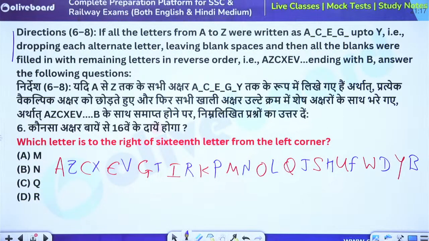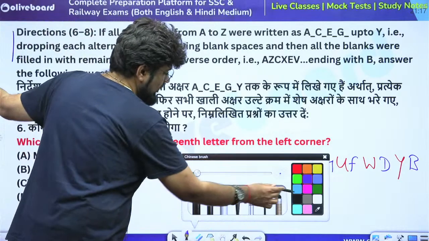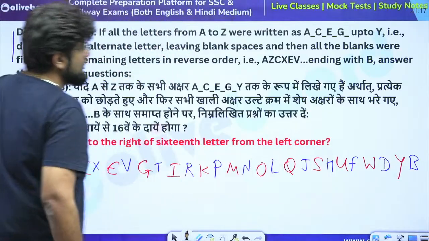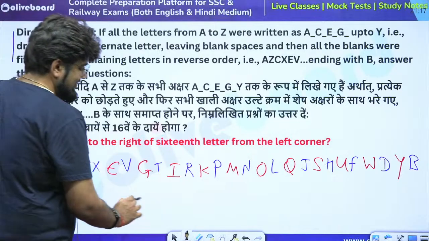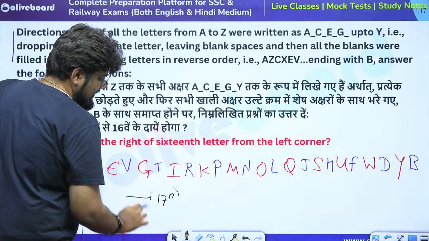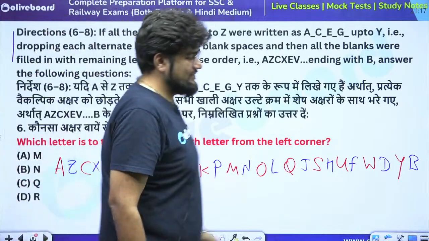This time the series is different. Now try to find the answer, whatever questions they are asking you. The question is, which letter is to the right of 16th letter from the left? That is, they are asking you the 17th letter from the left, right? See, 17th letter is an odd position.